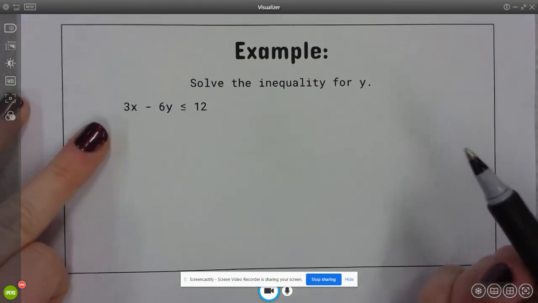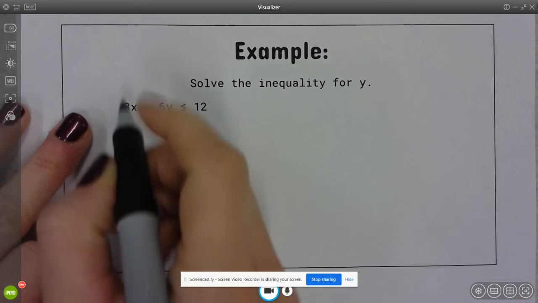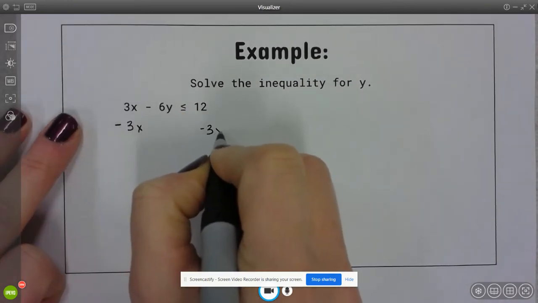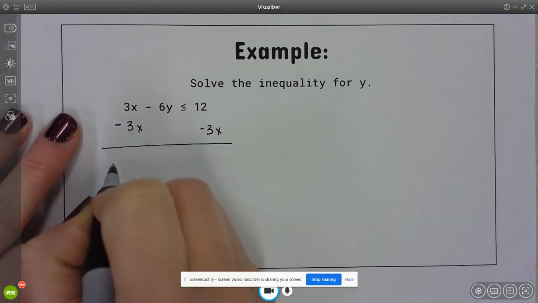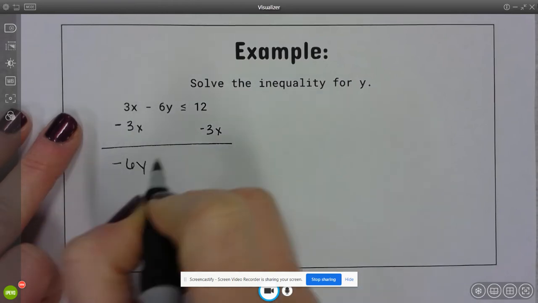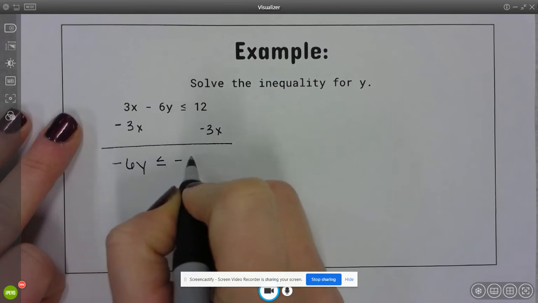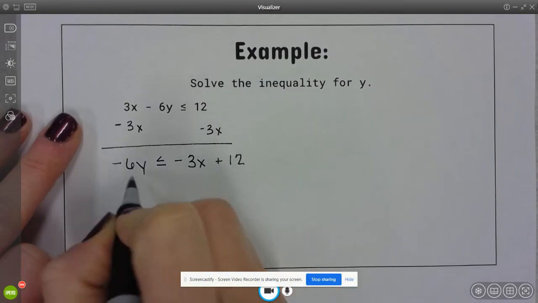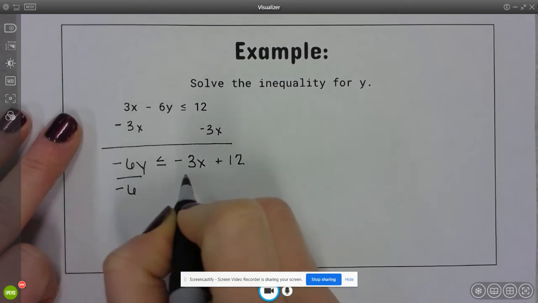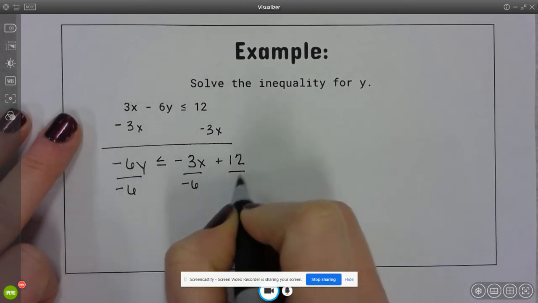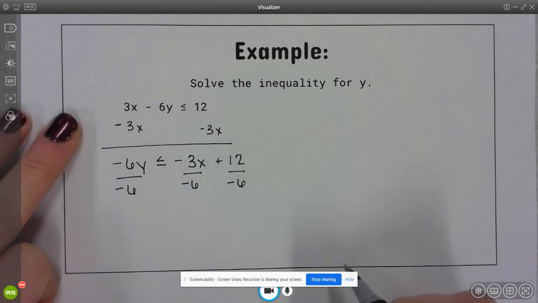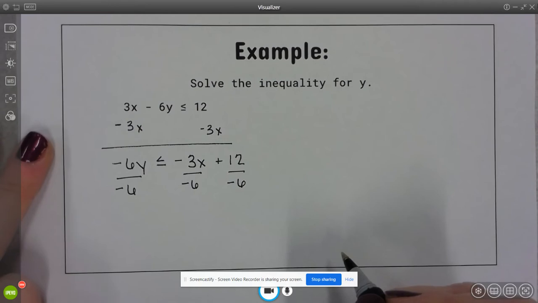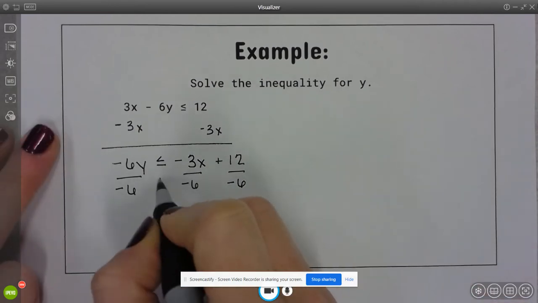graph these. So the first thing I'm going to do is subtract 3x from both sides. So I'll have negative 6y is less than or equal to negative 3x plus 12. And then I'm going to divide everybody by negative 6. But just like before, if I multiply or divide by a negative number, I have to switch the inequality sign.